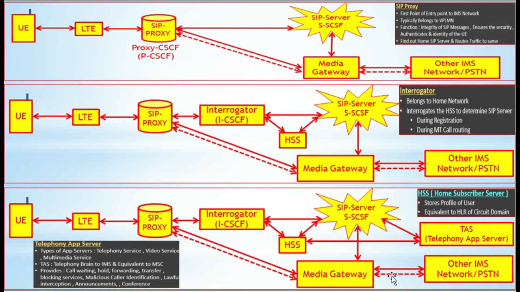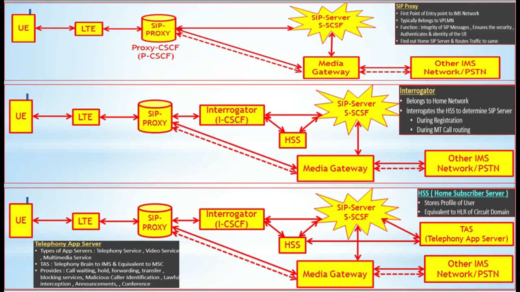This is TAS, telephony service. The app server handles the telephony part, while the SIP server is still controlling sessions such as initiation, maintenance and tear down of sessions. It facilitates the telephony brain to the app server.